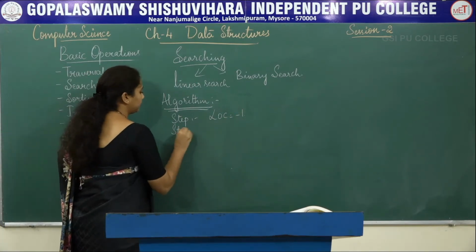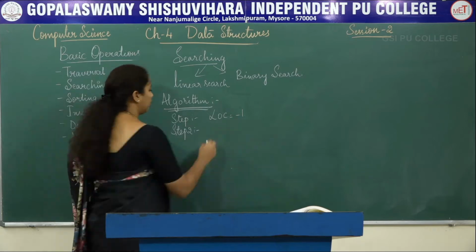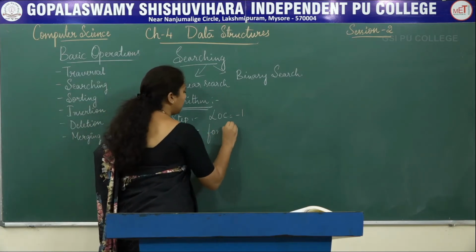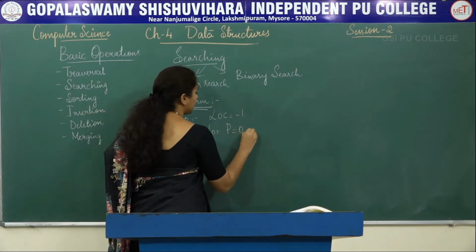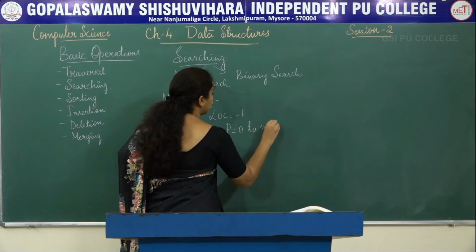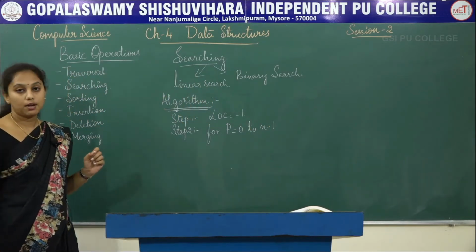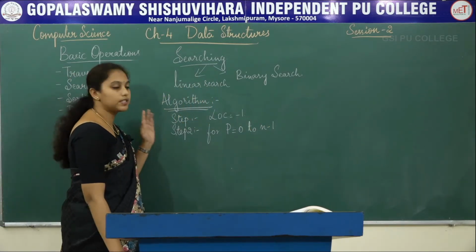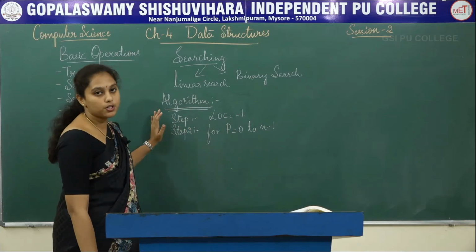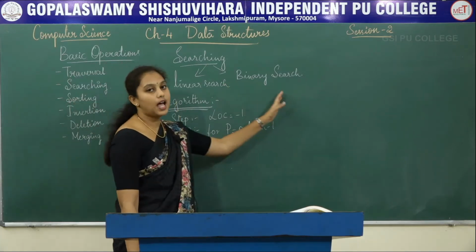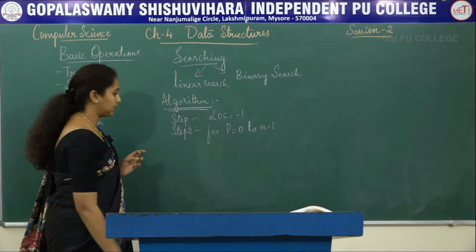Step 2, for p is equal to 0 to n minus 1. When the search starts, it starts from the first position of an element till the last position of an element.